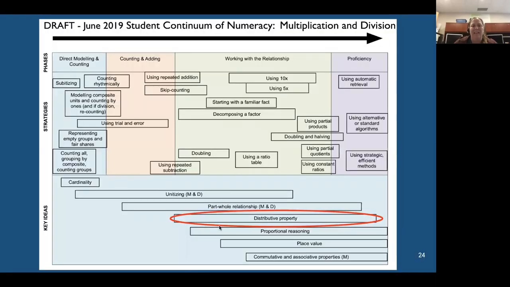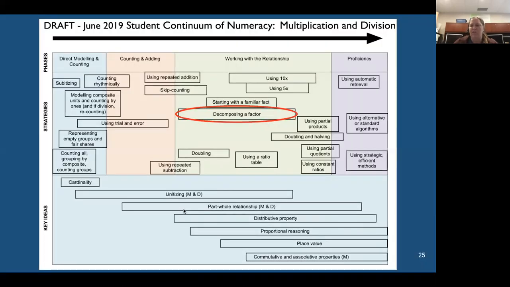And we see that key idea on the continuum coming in right around the same part where the phase line shifts into being able to work with the relationship. So that's where we see the distributive property starting to come in and impact how students are able to get in on the mathematics above.